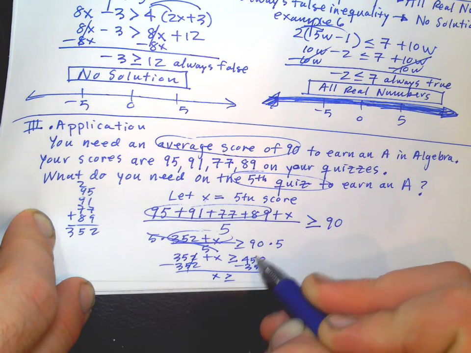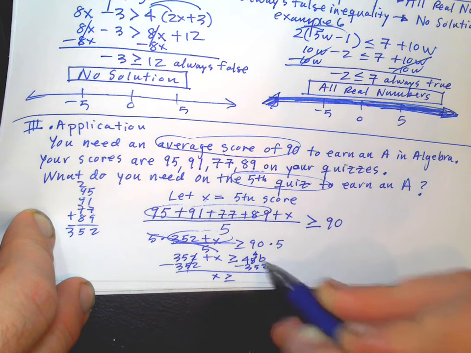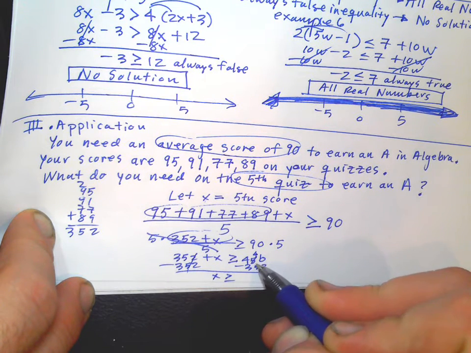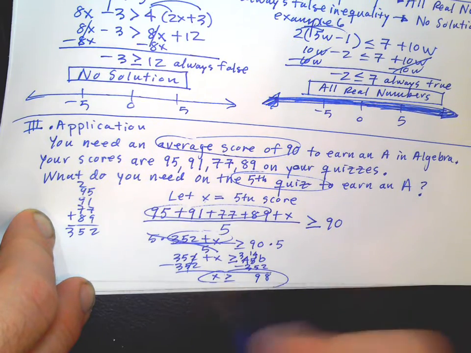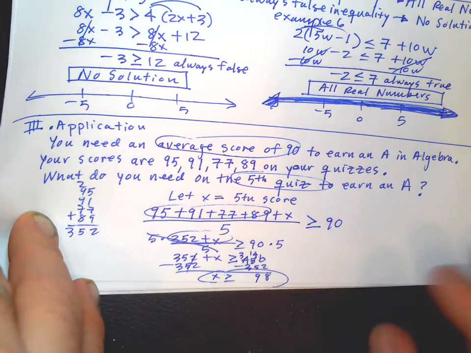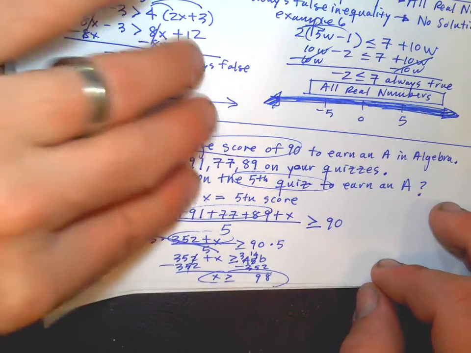Got to borrow from the 5. It's 4 now. So 10 minus 2 is 8. Got to borrow from the 4. It's a 3 now. 14 minus 5 is 9. So that's our answer at first, but we got to put it back into words because we just chose x. Someone else could have chosen something else.